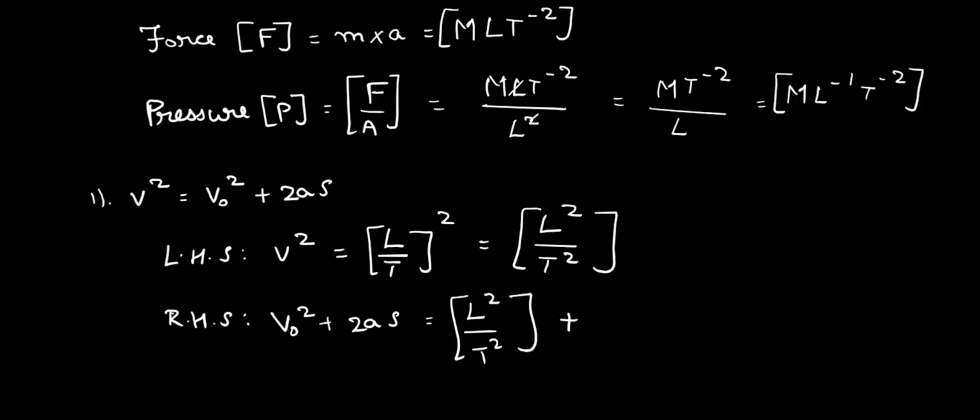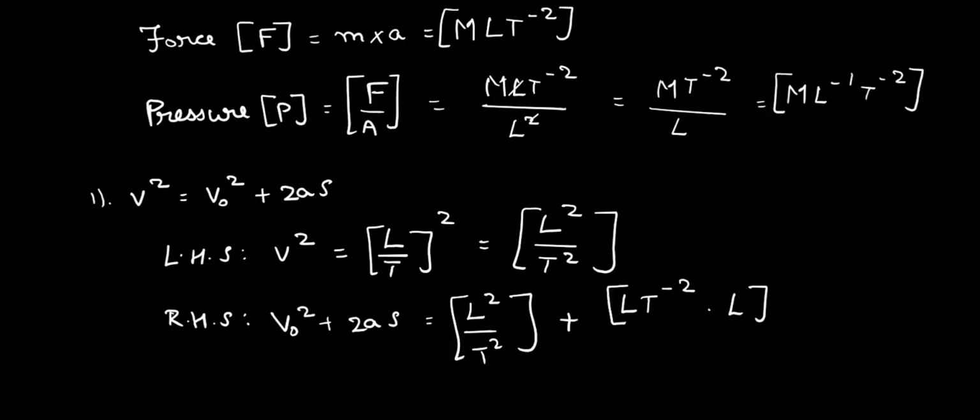Numbers usually don't have any dimensions. So for acceleration we know it is L T power minus 2, and for S, which is distance or displacement, we have length.